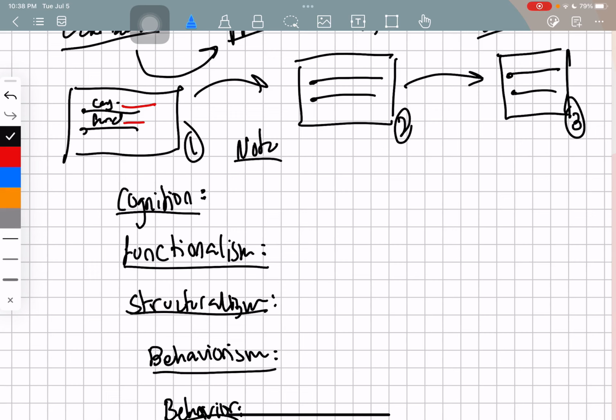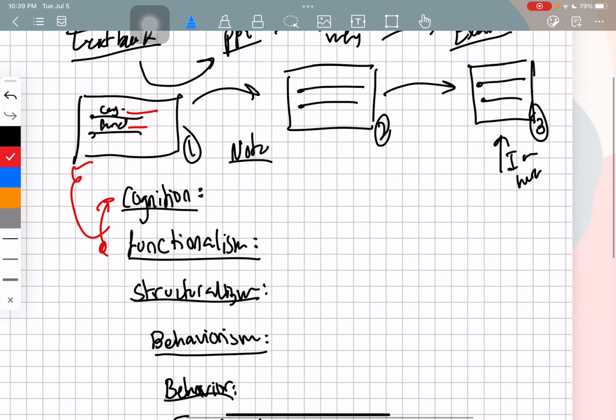Now that I'm at slide 3, I actively recall what cognition and functionalism are, from the first slide. If you studied the memory section, I believe unit 5, you know that in your working memory there's about 30 seconds until the information is gone.